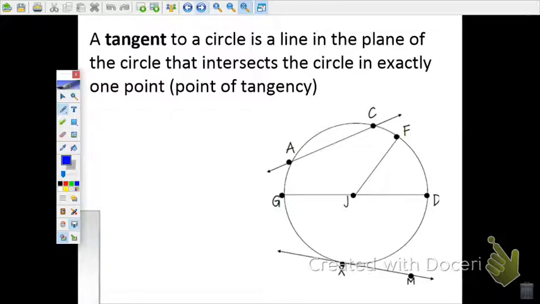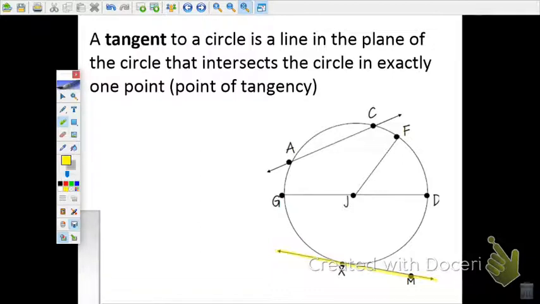Okay, so down here at the bottom, we have this line XM, which is our tangent. It intersects a circle in just that one point at point X. So that point X is called the point of tangency.